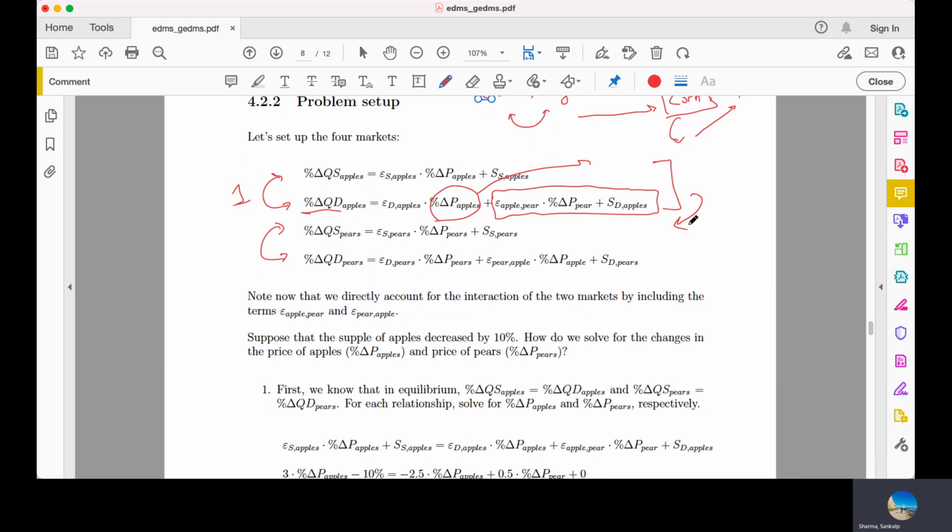So if nobody's eating apples, well, they've got to be eating some kind of fruit. And here in our example, we're saying that that fruit is pears. So typically, depending on how these elasticities operate, and we're going to talk about cross-price elasticities in just a sec, even though you already know what those are, we're going to see some sort of impact on the price of pears. Maybe it's possible that just because nobody wants to eat apples, everybody wants to eat pears now.